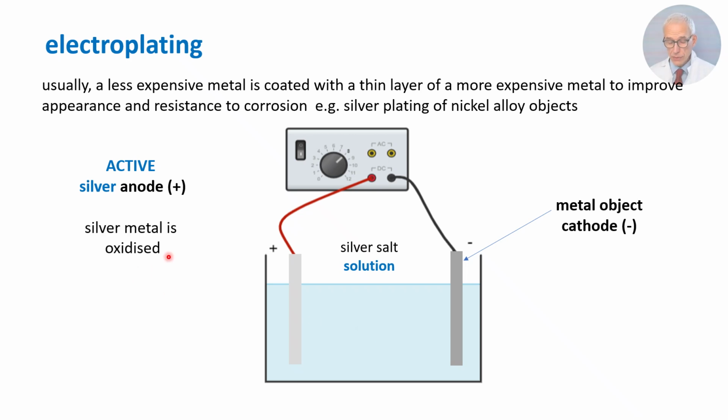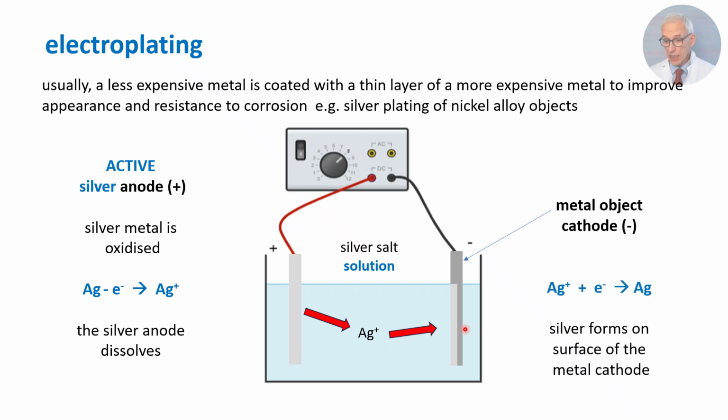At the anode, silver metal is oxidized, so silver loses an electron to make or release aqueous silver ions. Of course, this means that the mass of the silver anode decreases. The silver anode is said to dissolve.